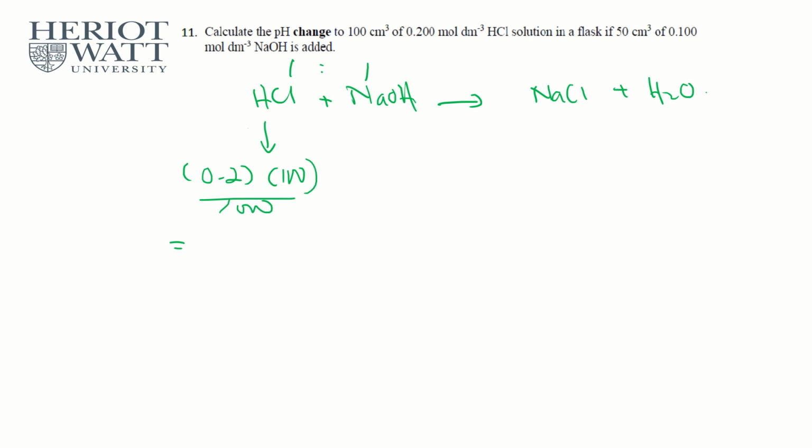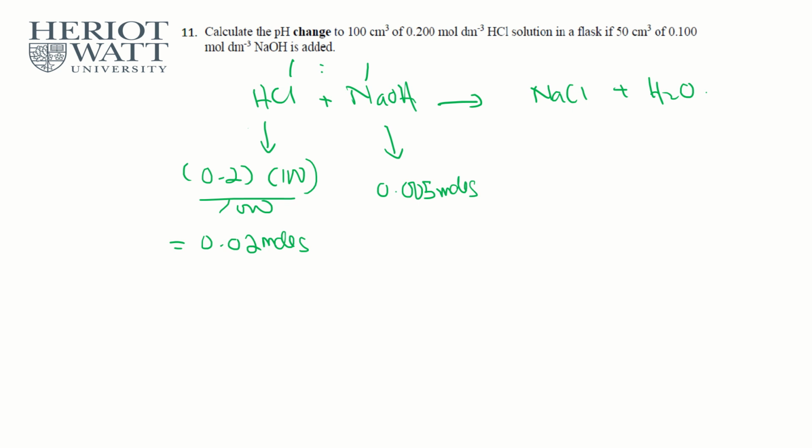So you will get the answer of 0.02, so 0.02 mole here. Okay, and what is the number of moles of NaOH added into the flask? 0.1 times 50 over 1000, so you get 0.005 moles.